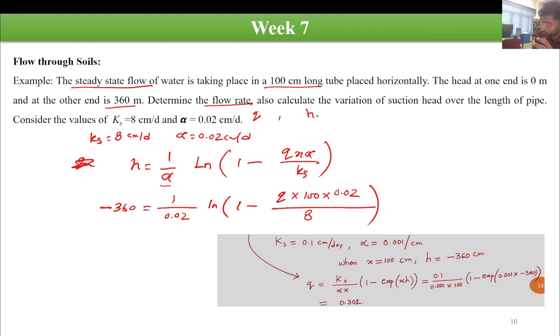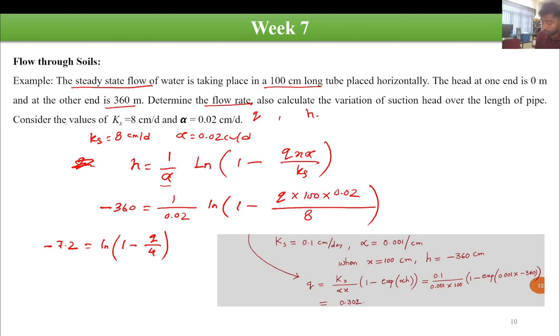That's going to be 8. So if we try to solve this, then it's going to be 360 into 0.02, so minus 7.2 is equal to ln. Inside it's going to be 1 minus 100 into 0.02, so it's 2, so q by 4.